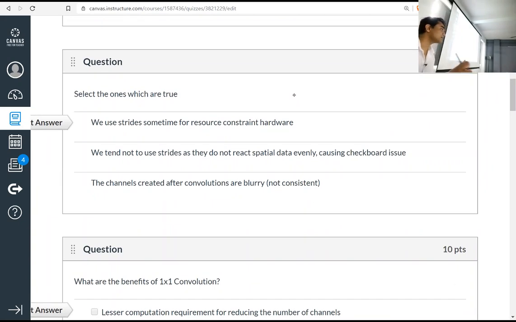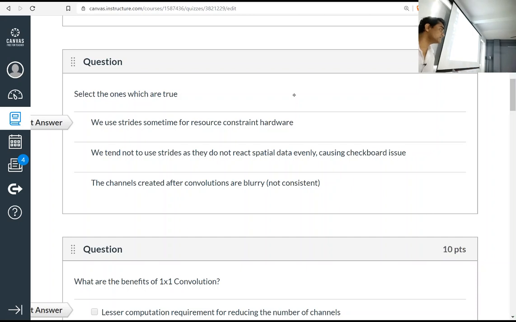I'm not asking you to think about strided convolutions here, right? The title says select which all are true. Now when you read the last one, the channel created after convolutions are blurry, you're not linking it back to strided convolutions. That is why the last one's answer is supposed to be there, but I forgot to tell you that this is strided convolution.